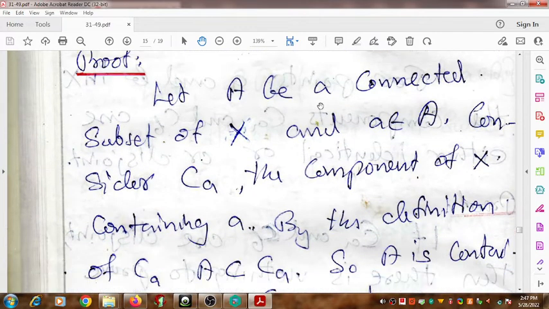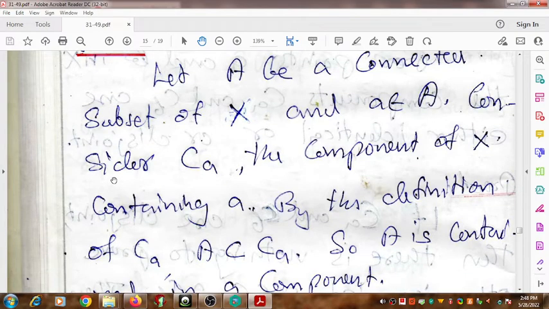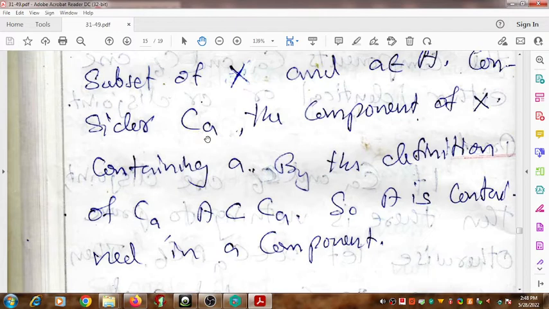For that, let A be a connected subset of X. We choose a subset of X, name it A, and it is connected. Let small a be an element of A. We consider CA, the component of X which contains a. CA is connected, and it is the biggest connected subset of X that can contain a.